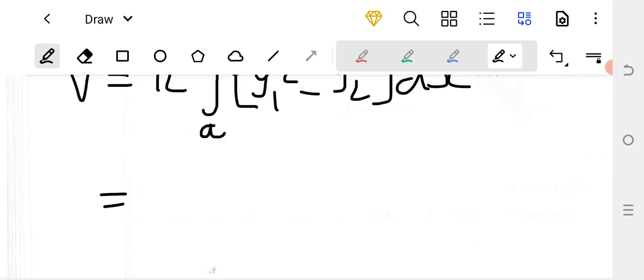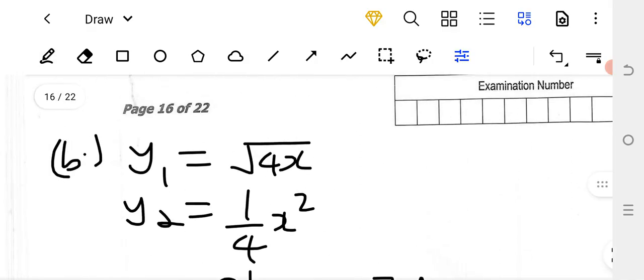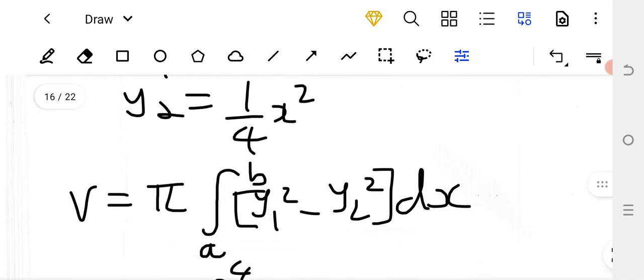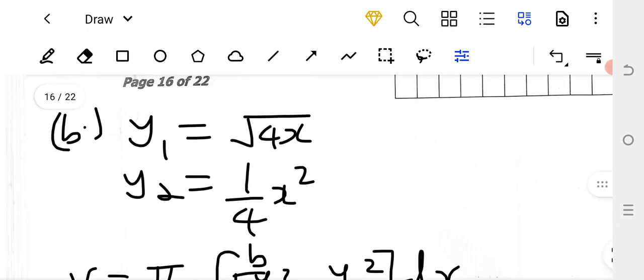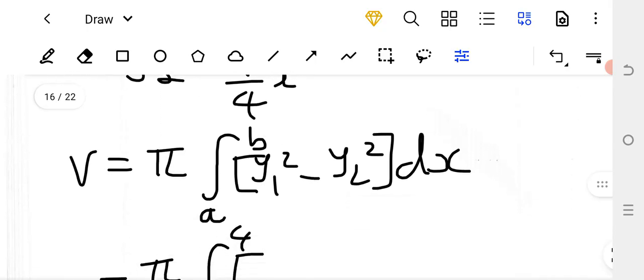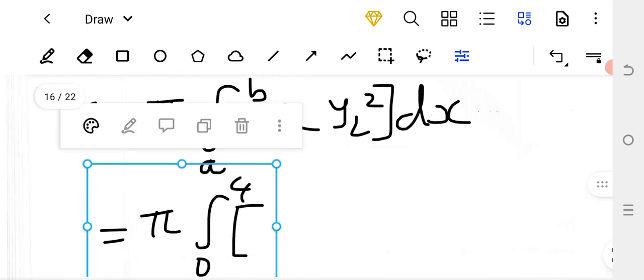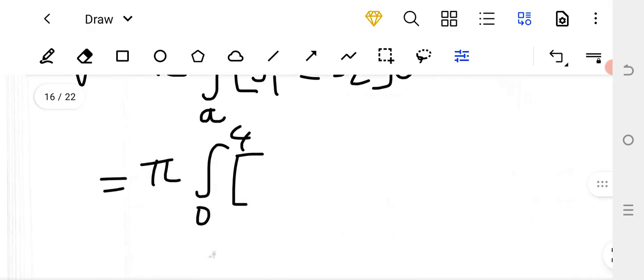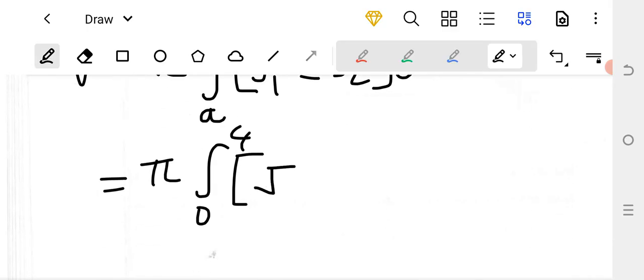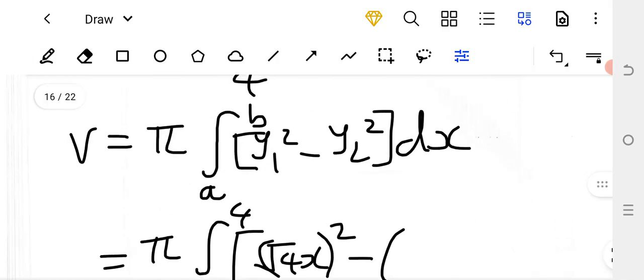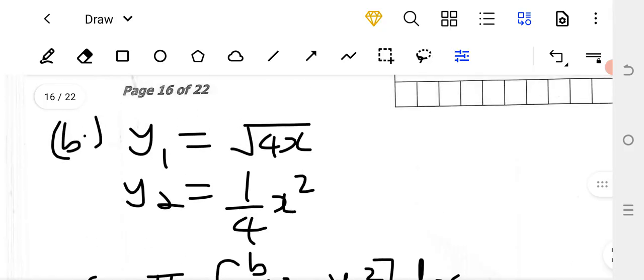So it's going to be equal to pi multiplied by the integral, starting from 0, going to 4, of y1 squared, our y1 is square root of 4x, so it's going to become square root of 4x squared minus our y2.